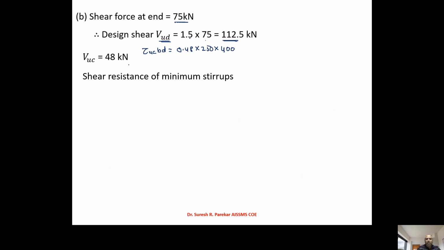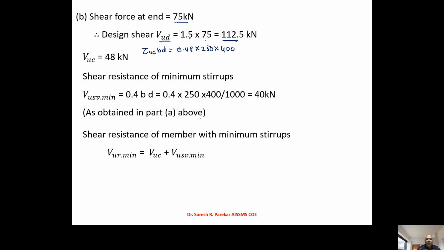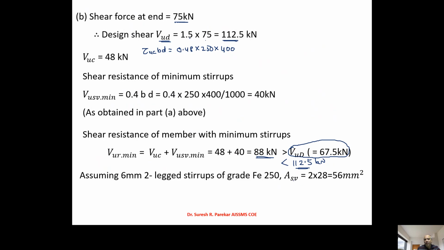The shear resistance of minimum stirrups we also calculated as 40 kilonewton, and Vur minimum equals Vuc plus Vus minimum, which we got as 88 kilonewton. Now this 88 kilonewton is greater than 67.5 but less than 112.5 kilonewton, which is for this problem. So we have to design shear reinforcement.